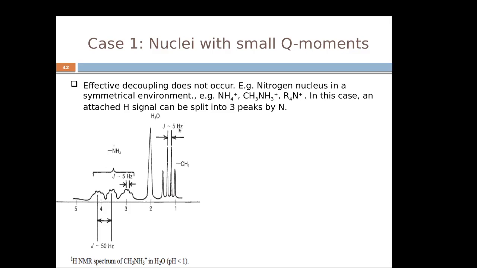And here is a typical example of a proton NMR spectrum of CH3NH3+, where we have the nitrogen nucleus in a symmetrical environment, taken in water with a pH less than 1. As you can see from the NMR spectrum, the NMR peak of the CH3 protons gets split into a quadruplet.